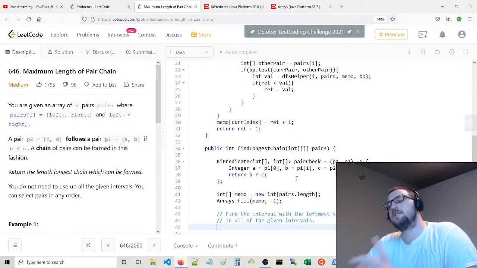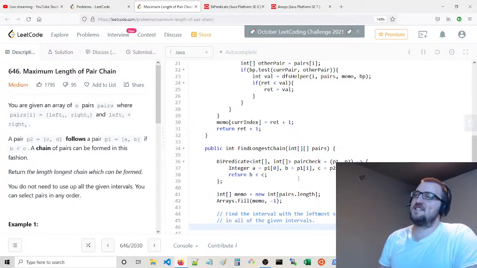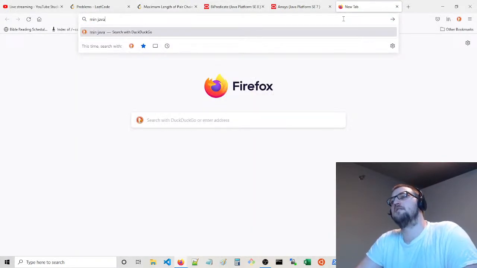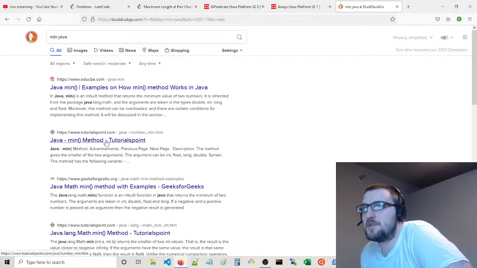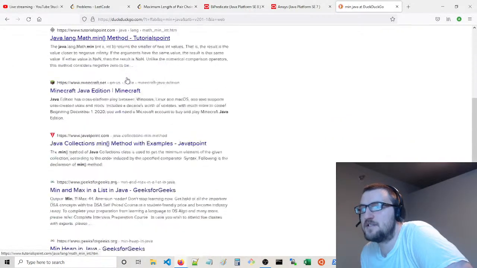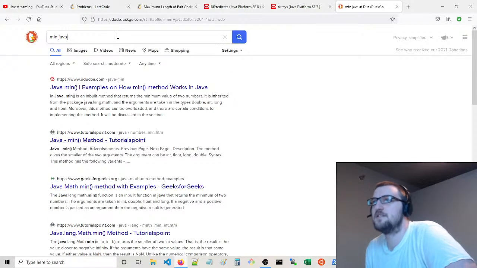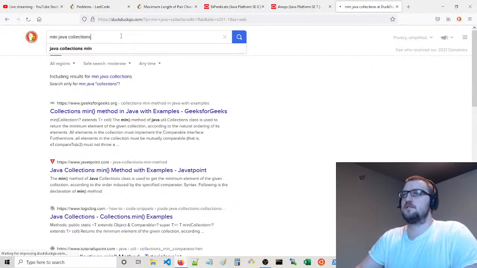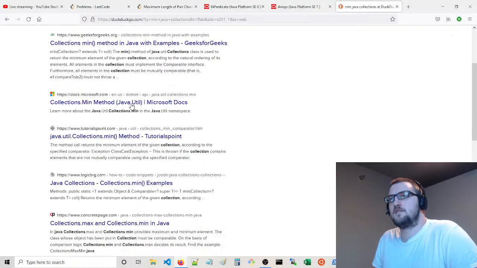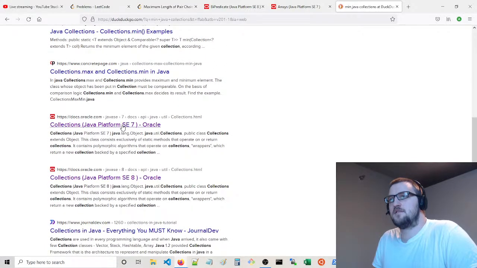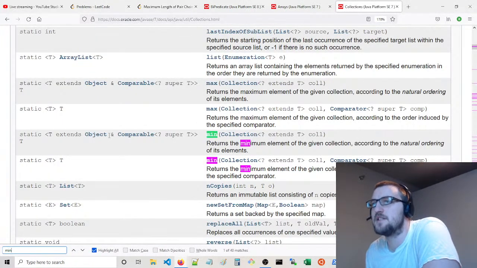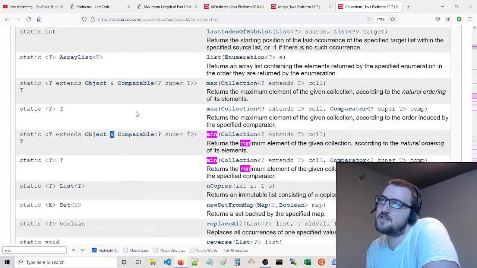And the way we do that, is there like a minimum routine in Java? Could use a comparator. Collections.min, collection extends object and comparable.